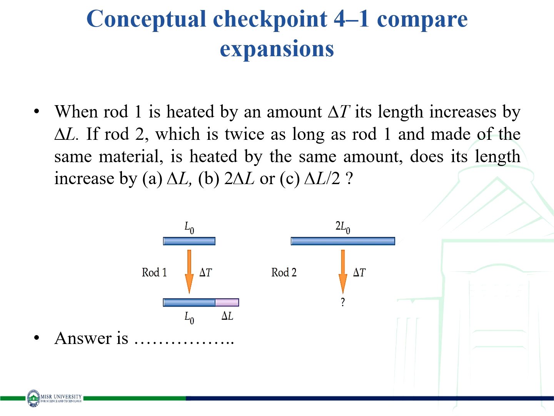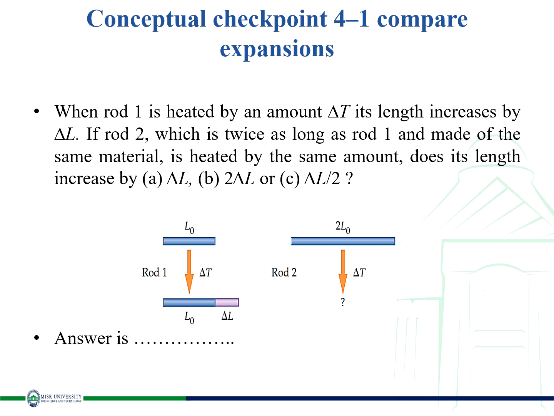It's made of the same material as rod 1, meaning its coefficient of linear expansion, alpha, is identical. However, rod 2 is twice as long as rod 1, so its initial length is 2L0. If rod 2 is heated by the same amount, delta T, what will be its increase in length? Will it be delta L, 2 delta L, or delta L divided by 2?